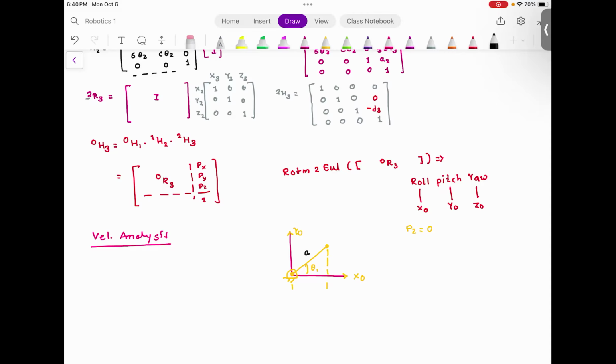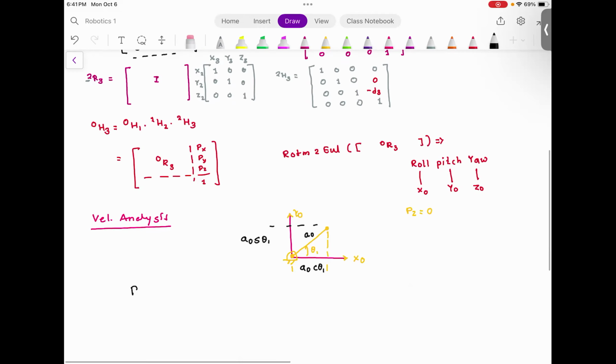If I consider this length A0, the projections are A0 cosine theta 1 and A0 sine theta 1. So Px is A0 cosine theta 1, and Py is equal to A0 sine theta 1.